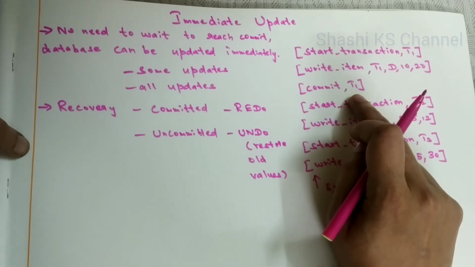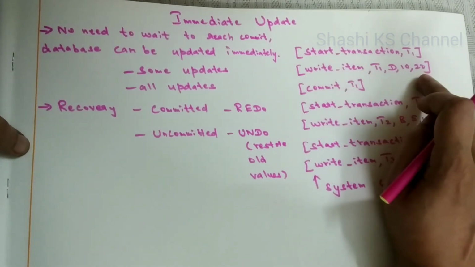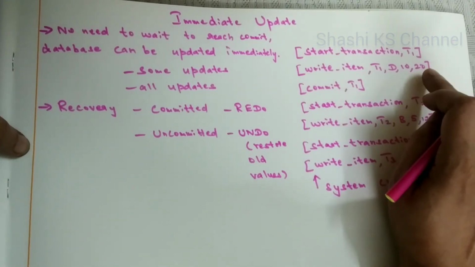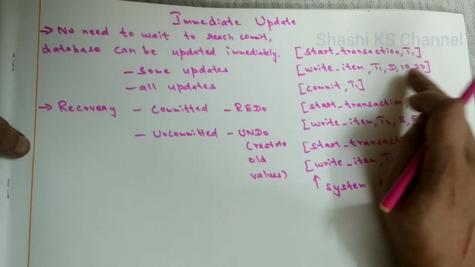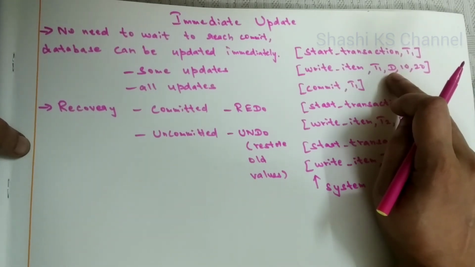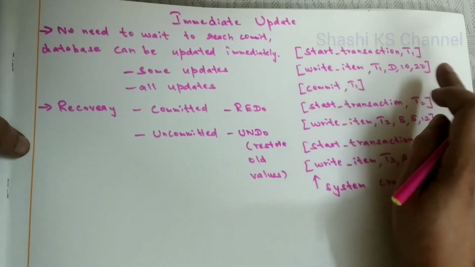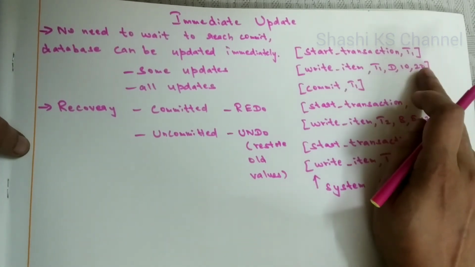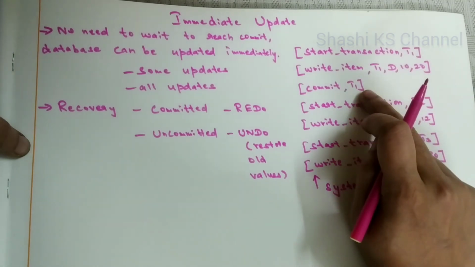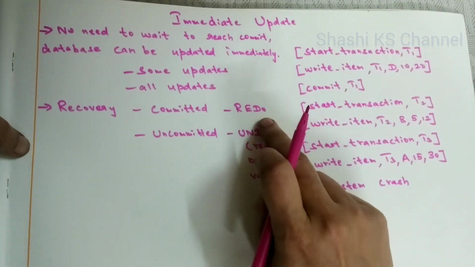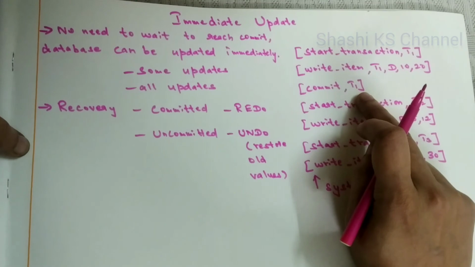What is a redo operation? You check the new value of data item D, and this has to be updated as the new value of D in the database which resides on the disk. So the new value of D would be set as 20 in the database on the disk, and that operation is called a redo operation. So for transaction T1, a redo operation will be done.